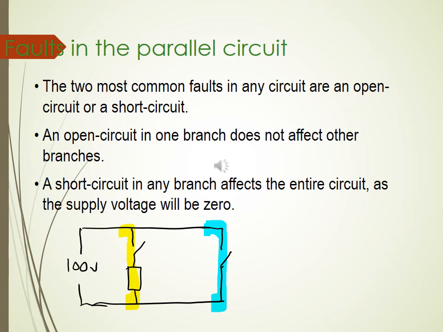So no work would be done whilst the switch is open. It doesn't affect the supply voltage if that switch is open, and indeed if there were other light globes or other things connected in parallel with that, they would be operating perfectly normally. In fact, that's exactly what you have in your house. Your light circuits are all connected in parallel, and different light switches are on in different houses, and that all works perfectly normally.